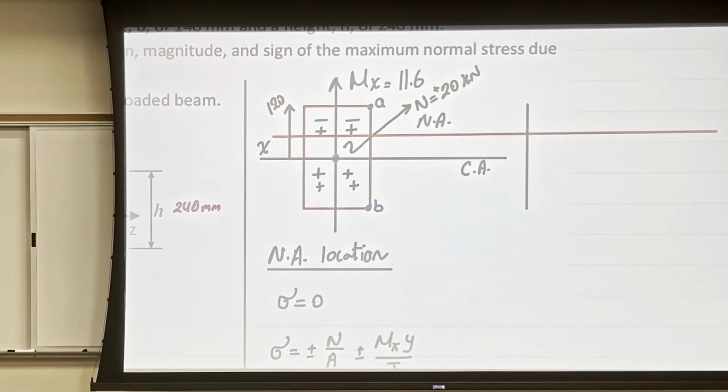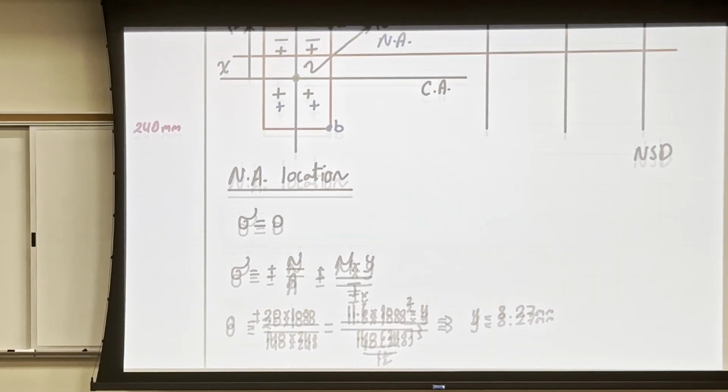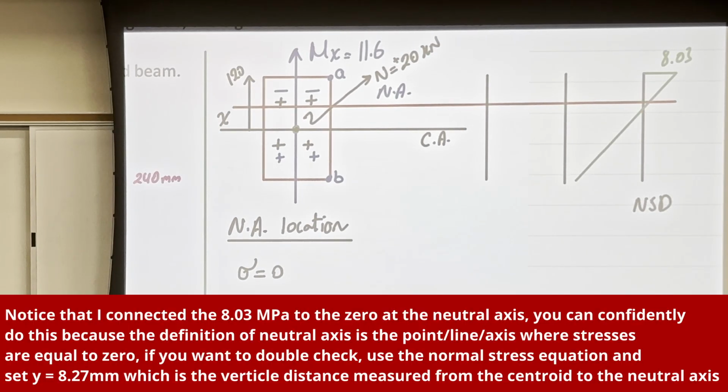Okay? If I want to draw the normal stress distribution, I will draw 3 lines here and I will show you why in a moment. So this is the NSD, normal stress distribution. At point A, I do have 8.03 compression, 8.03, and then I will go down and then I'm going to close the diagram.